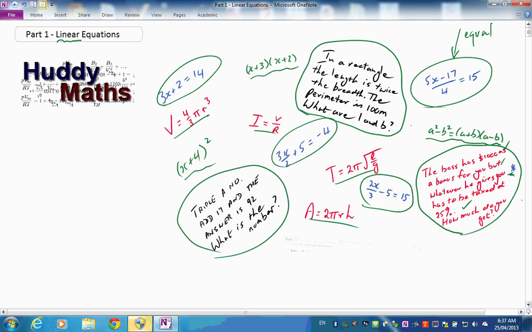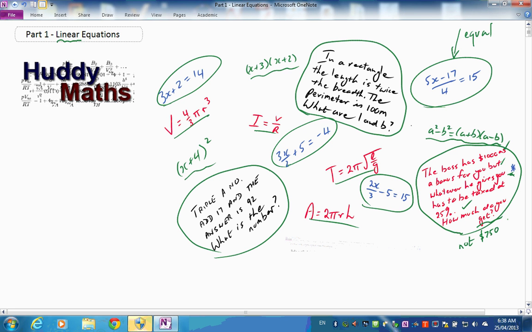Right? The overall total, what you get and what he has to pay to the tax department, which is 25% of what you get, has to come to $1,000. How much do you get? And the answer is not what you might think, $750. Not $750. So, what is it?